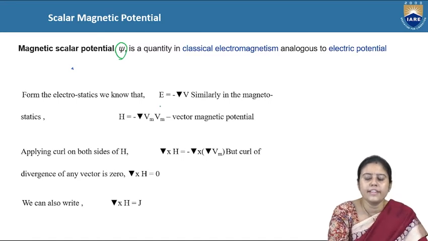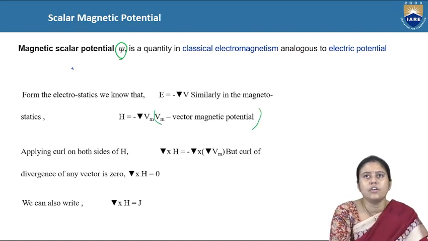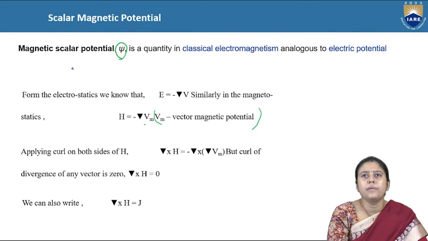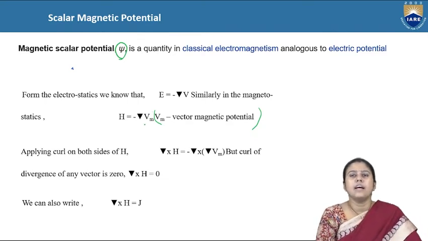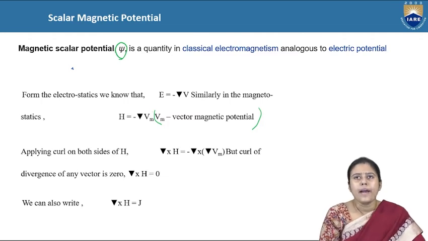So we can write E is equal to minus grad V. This is for the electrostatics. If we want to write for electromagnetics, it is given that H is equal to minus grad Vm. What is Vm? Vm is the magnetic potential.